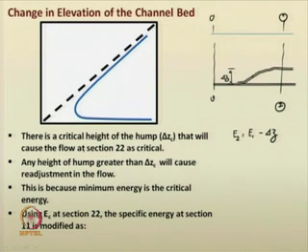What happens when there is a critical height of the step? In this case, this is the location where the specific energy in that rectangular channel will be minimum. You already have E1 here.